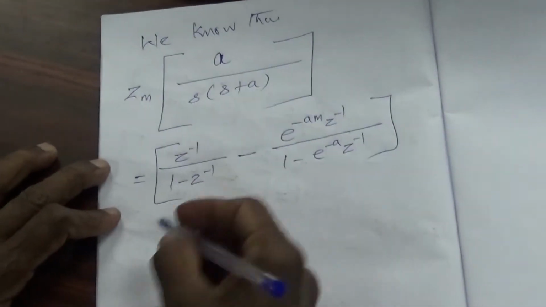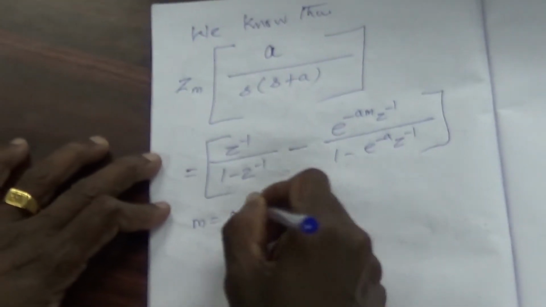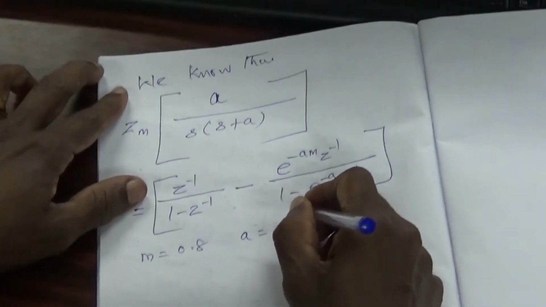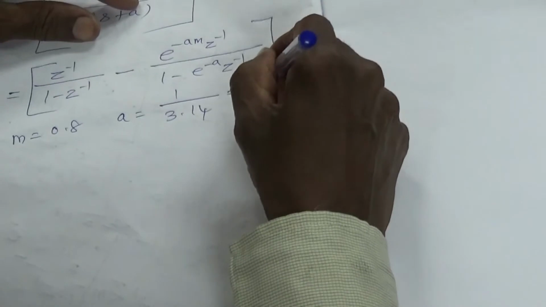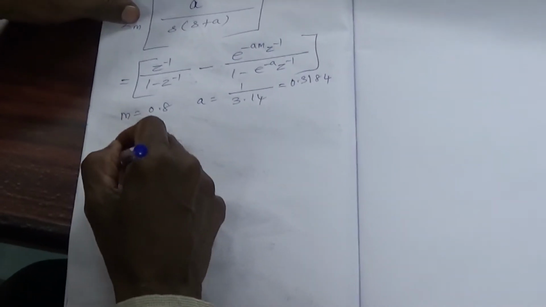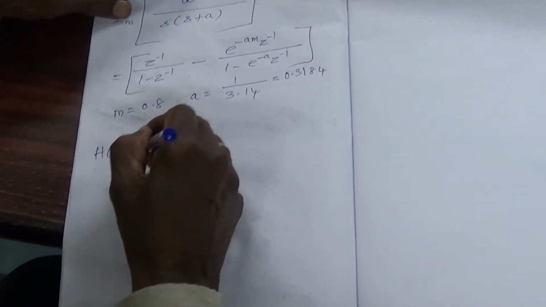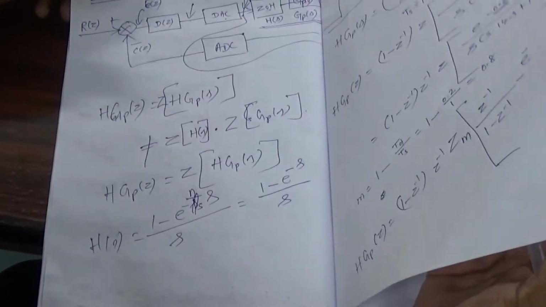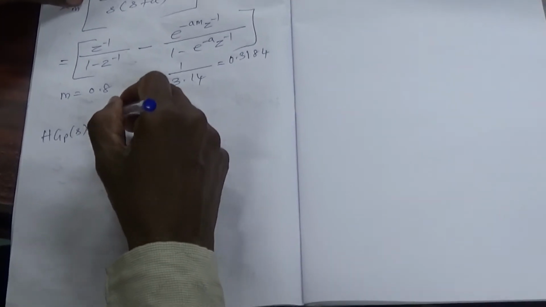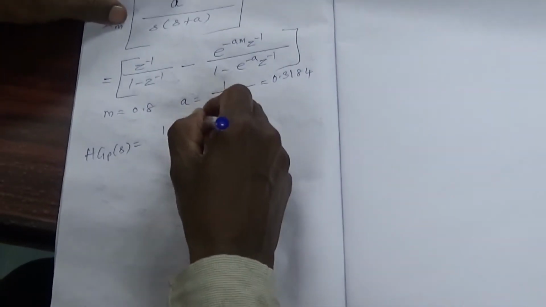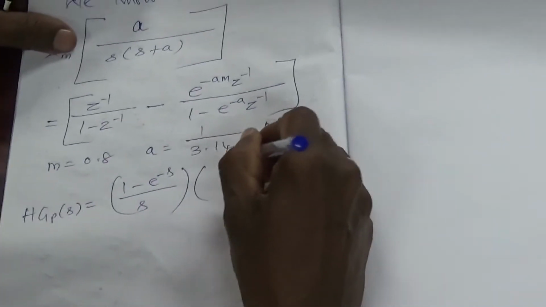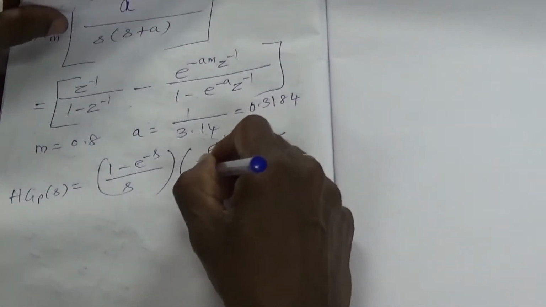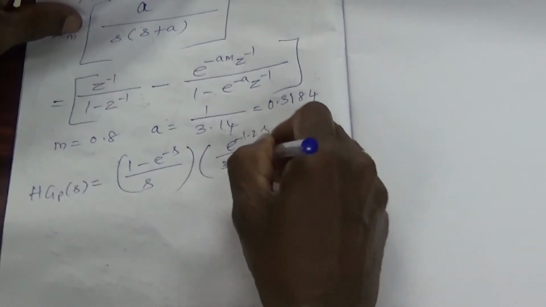Now we are going to use this. Here m equals 0.8 and a equals 1 by 3.14, which equals 0.3184. H gp of s equals 1 minus e power minus s upon s multiplied by e power minus 0.2 s upon 3.14 s plus 1.